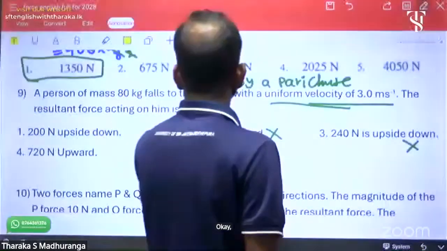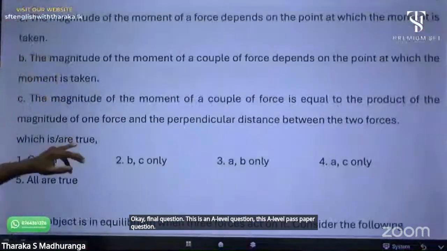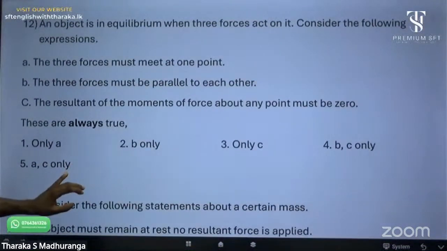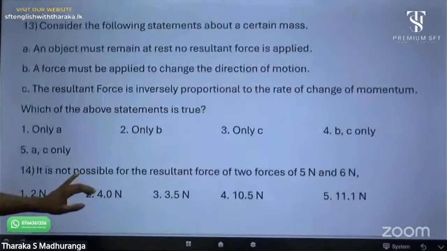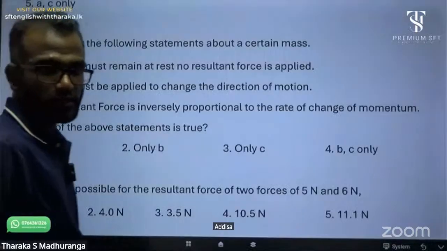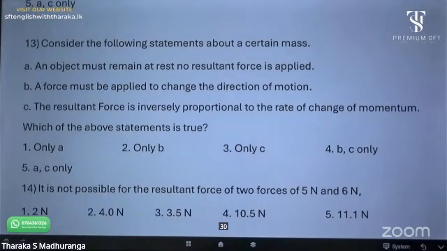Okay, final question. This is an O-level, A-level past paper question. Number 30. Consider the following statements about a certain mass.